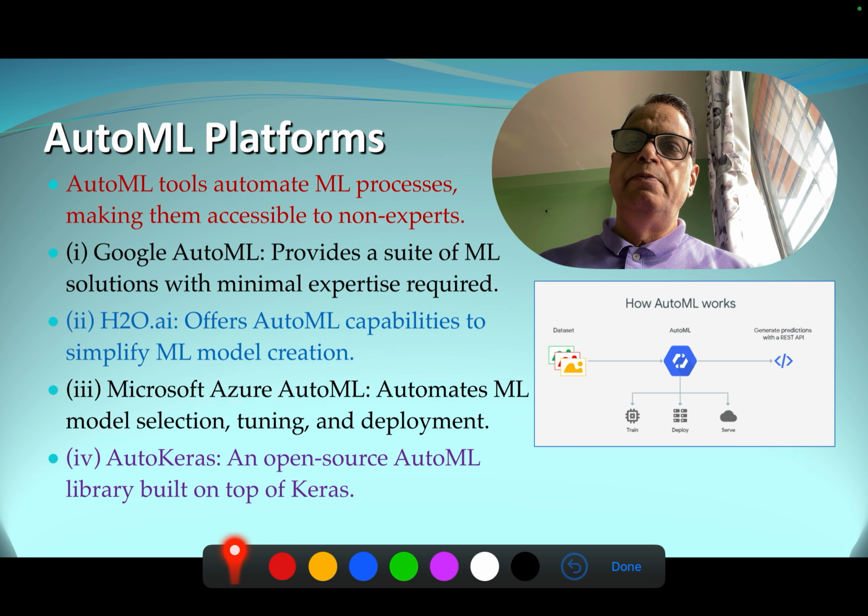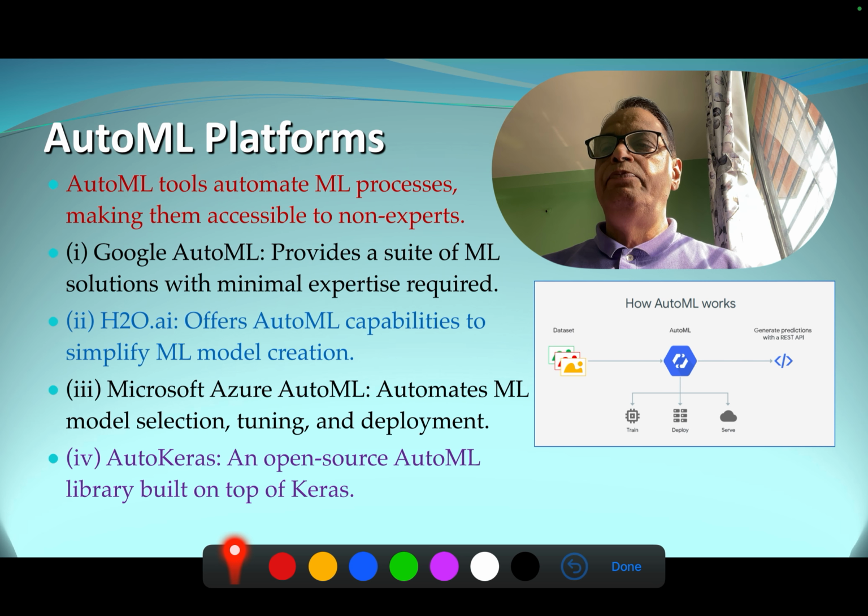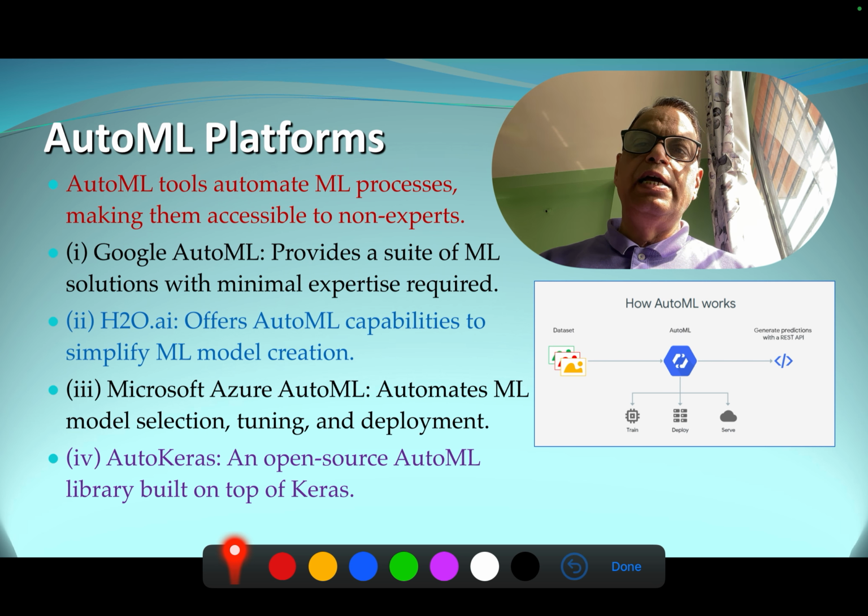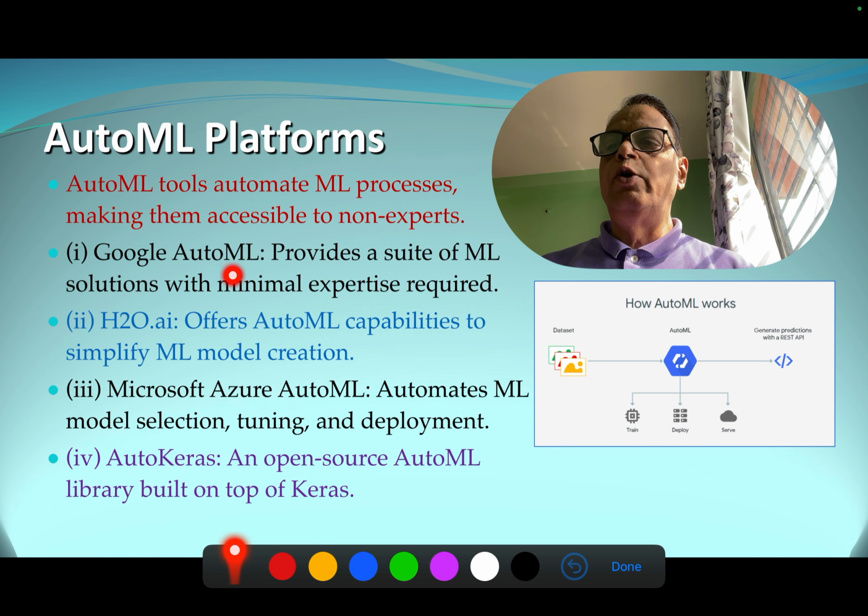As far as the AutoML platforms are concerned, as the name indicates, it is automatic. It will automate the ML processes, and you can access them without having any expertise knowledge. For example, we have Google AutoML.